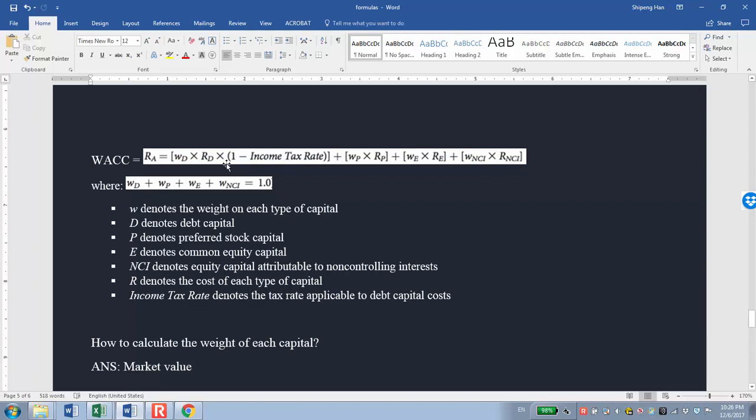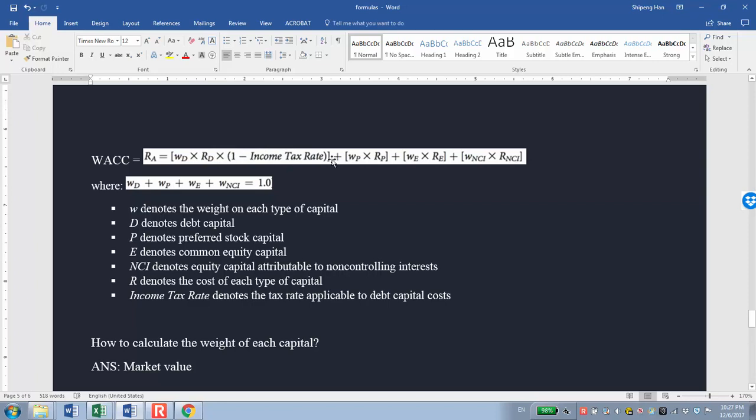We assume the capital structure of the company is simple. This part is the product of the weight of capital debt and the return on debt, and this is a factor to calculate the after-tax cost of debt.